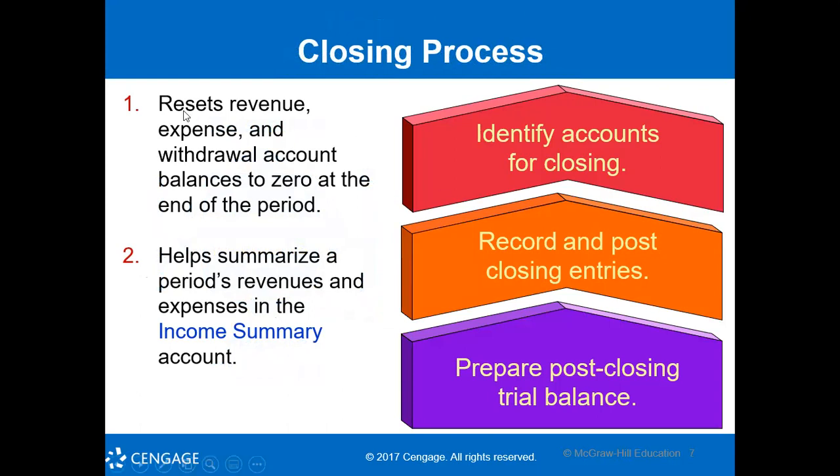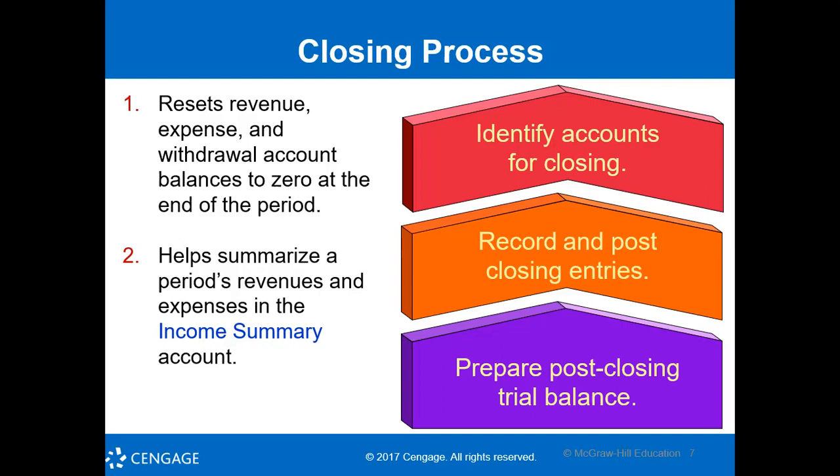The closing process is to zero out or reset the revenue, expense, and withdrawal accounts to zero balances at the end of the period. We also use the income summary account to transfer any income earned to the owner's capital account.